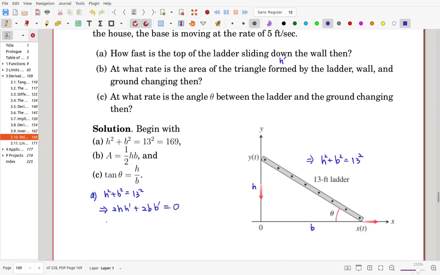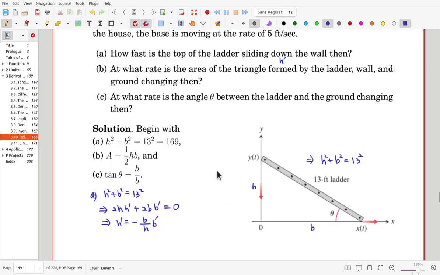The unknown is h prime, so h prime equals minus b over h times b prime. First we move this to the other side and divide by 2 and divide by h.